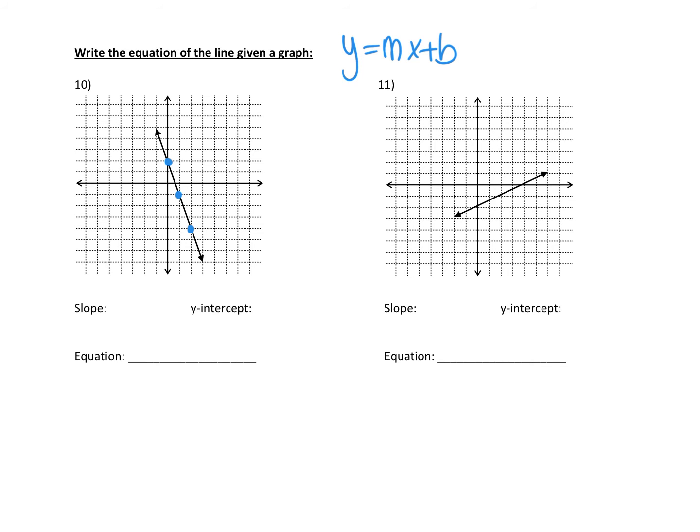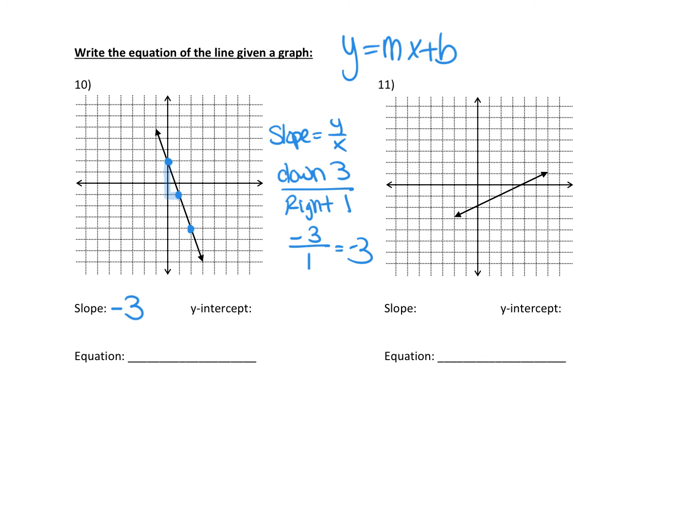If I'm going from this blue point to this blue point, I can see that I went down 3. My slope is always my y over my x. So I went down 3, and then I went right 1. What that means is I went negative 3, positive 1, so my slope would be negative 3.